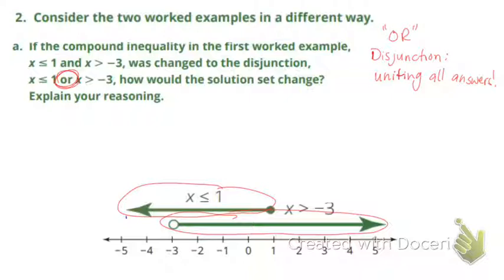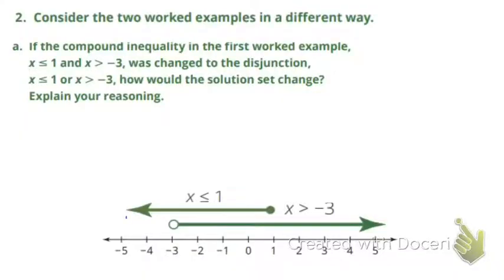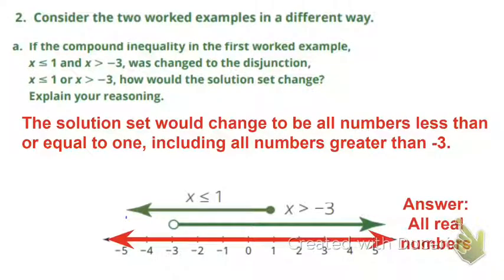Now, if I look at both those number lines, it looks like we're just going to have a full-on line, right? Because all of the answers for x is less than or equal to 1 are going to keep going on forever that way, and all the answers for x is greater than -3 are going to keep going on this way. So if I put both of the number lines together, we have something that looks like that, and it's actually all numbers.